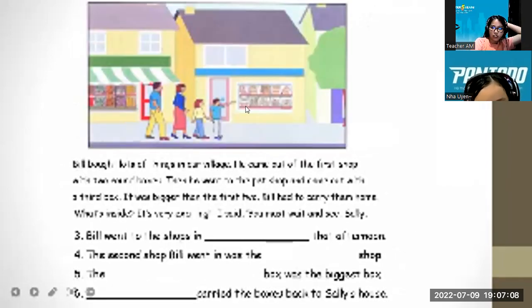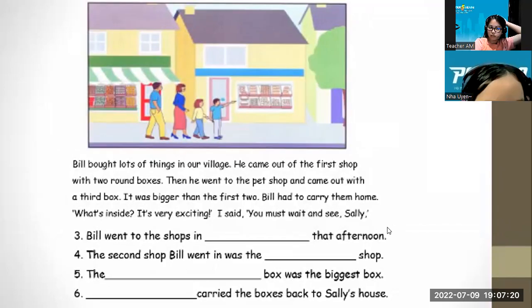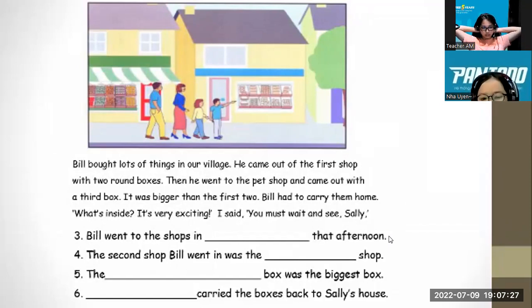Okay, so here, continue reading the story. Bill bought... Go to the next picture. Bill bought lots of things in our village. He came out of the first shop with two round boxes.